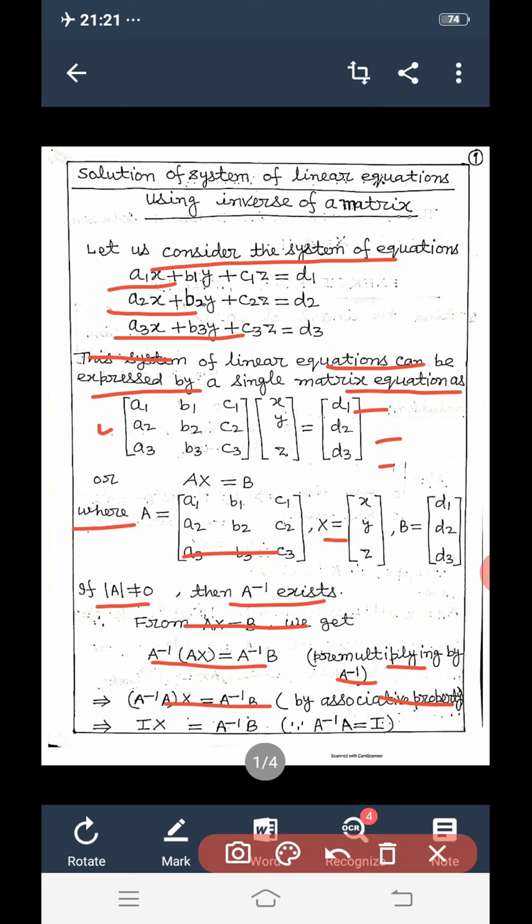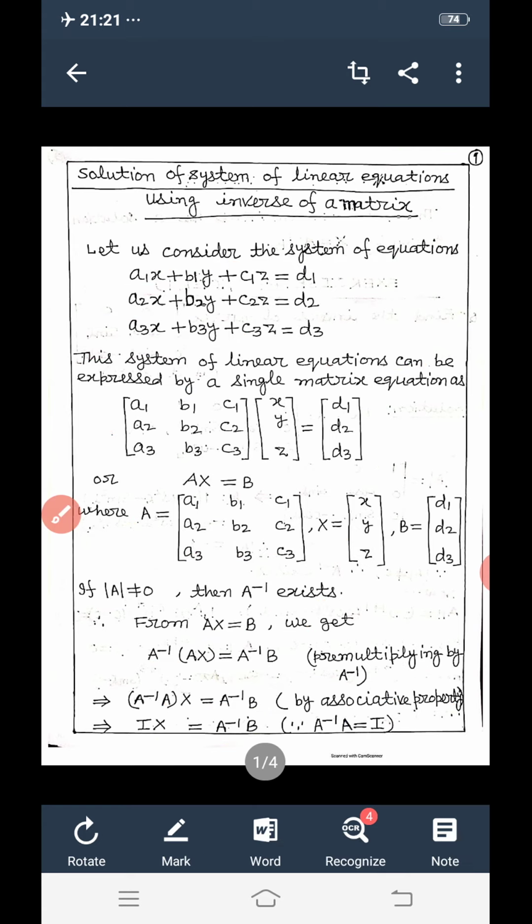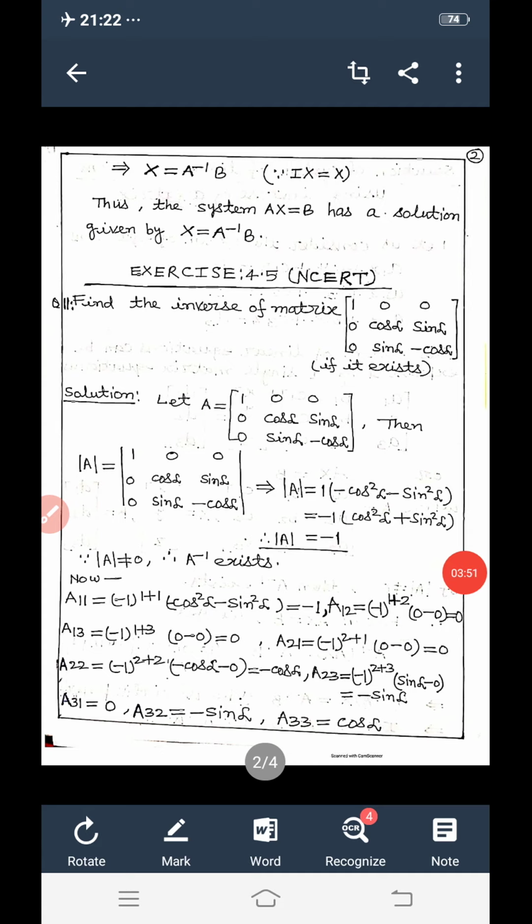This implies IX equal to A inverse B, since A inverse A equal to I. This implies X equal to A inverse B, since IX equal to X. Thus, the system AX equal to B has a solution given by X equal to A inverse B.